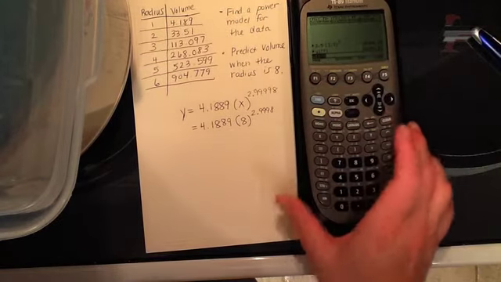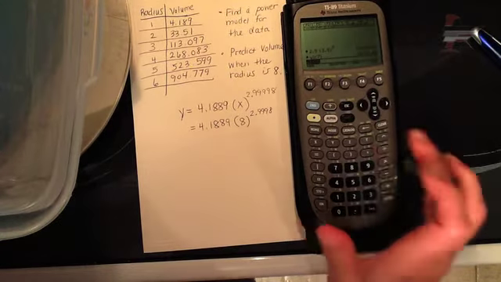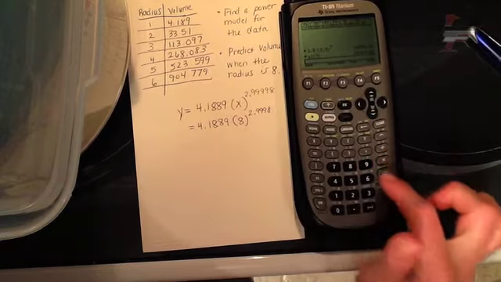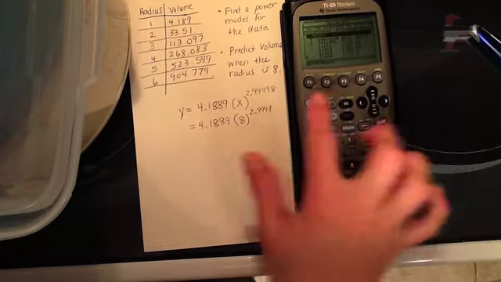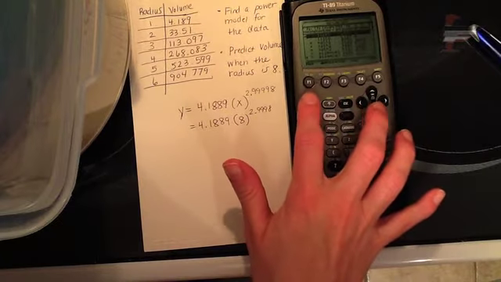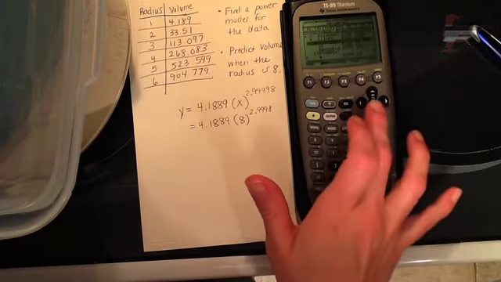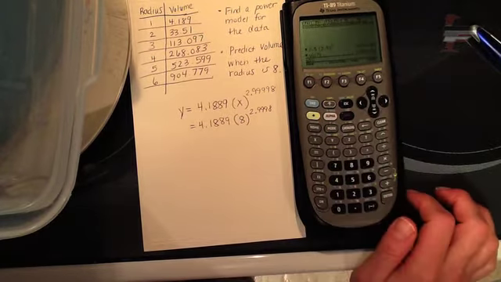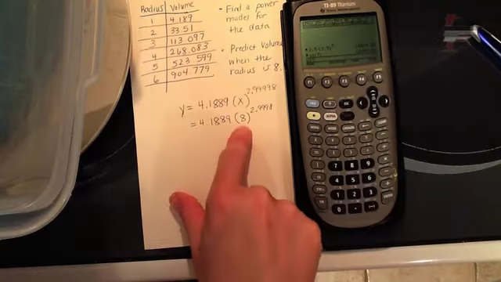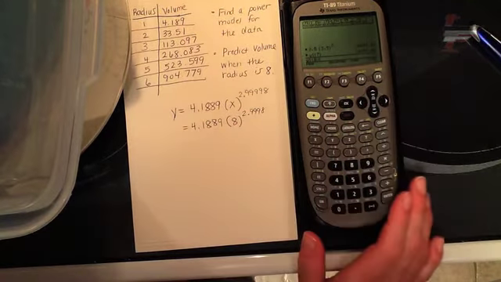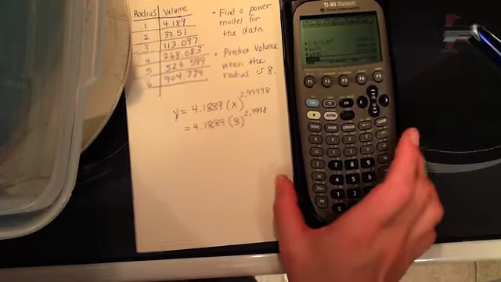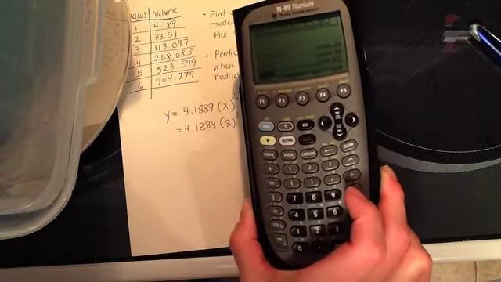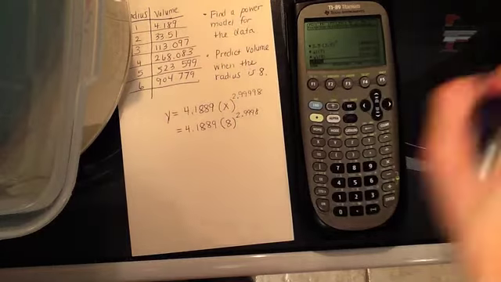Or if you recall from the exponential regression video, you can go to your var link, which is second subtraction, and then arrow down until you find your Y1, because that's where this equation was stored. And I want to substitute 8 in because that's what I'm predicting, and you have to close that parenthesis, otherwise it'll yell at you that you're missing a parenthesis. And when you press enter, you get 2144.63.